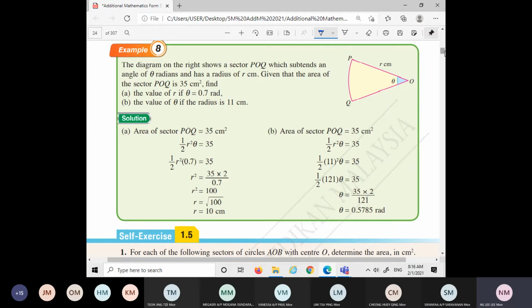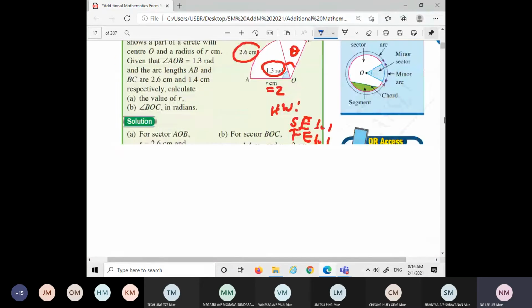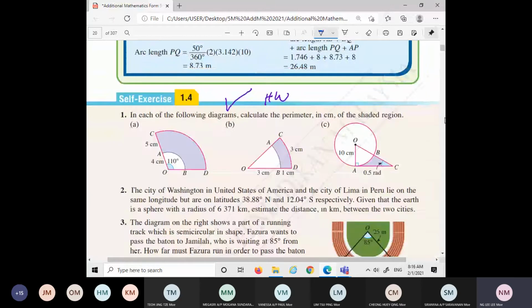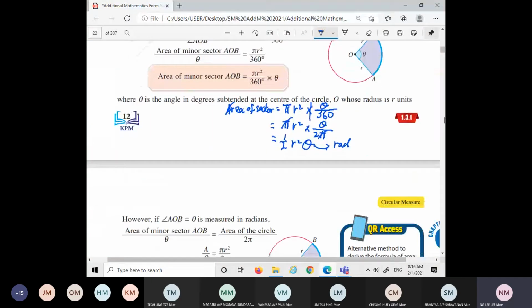As usual, inside your notebook you should have how to get the formula, from the lower form, how you get the half r square theta. This one you should have.